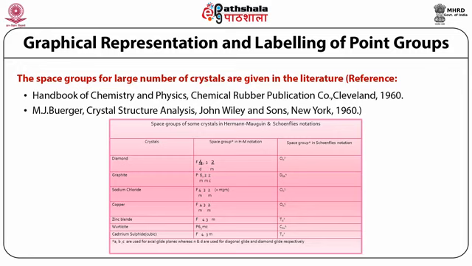Cadmium sulfide, which is a cubic crystal, has a space group in HM notation represented as capital F 4 bar 3 m. The corresponding space group in Schoenflies notation is given as capital T, subscript d, superscript 2. Small a, b, c are used for axial glide planes, whereas small n and d are used for diagonal glide and diamond glide respectively.